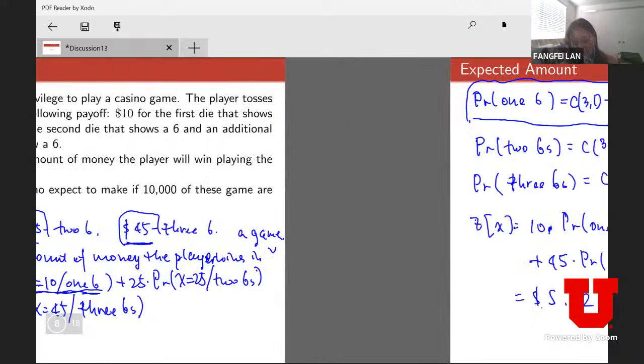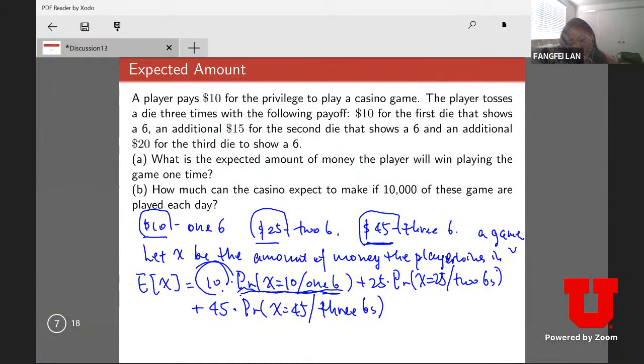Okay, so the second question is, how much can the casino expect to make if 10,000 of these games are played each day? What do we do?